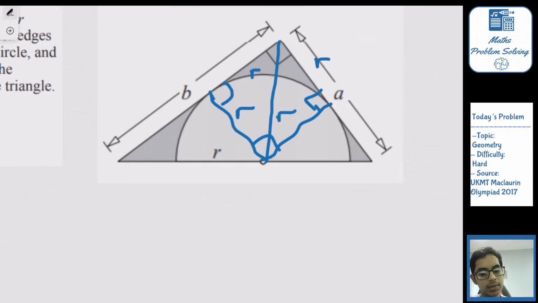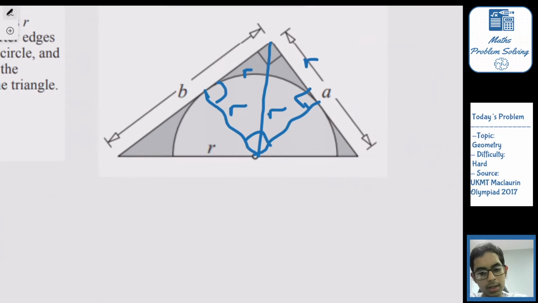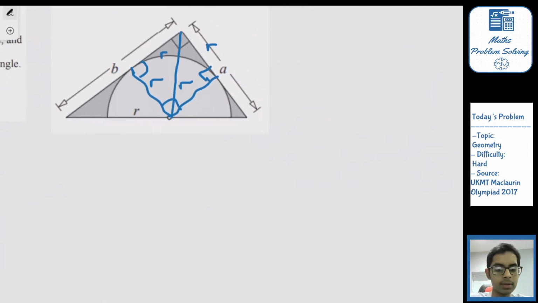But what we can do is set different area terms together, and hopefully we can find a link between them. So the large right angle triangle has the area of half a times b, which equals the two smaller triangles inside here.